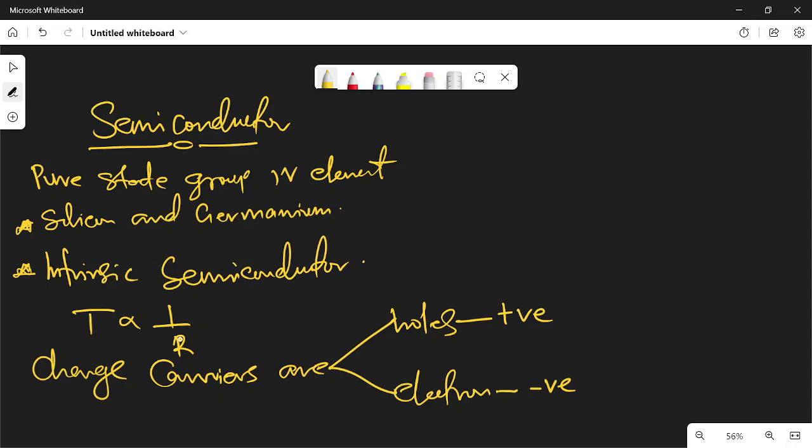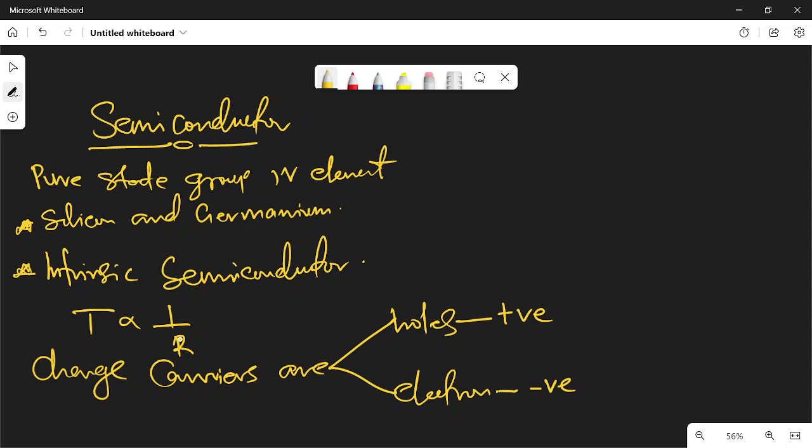But if there is no higher temperature and you want your semiconductor to conduct very well, then what you need to do is add an impurity to the pure semiconductor. Are we together now? When you add an impurity to an intrinsic semiconductor, it allows the rate of conductivity to increase.